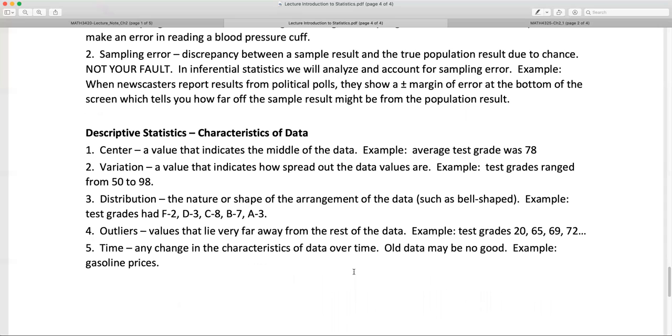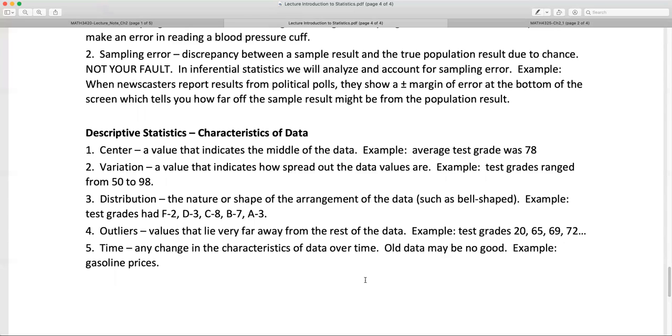We're going to figure out the center, which is a value that indicates the middle of the data. The variation is a value that indicates how spread out the data values are, and it is related to standard deviation or variance. The distribution is the nature or shape of the arrangement of data.